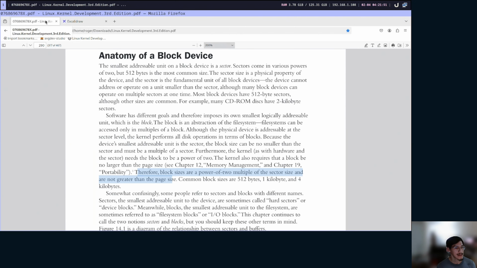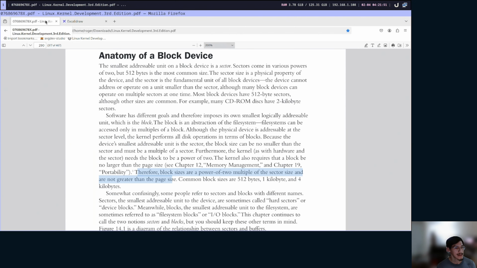Somewhat confusingly, some people refer to sectors and blocks with different names. Sectors, the smallest addressable unit to the device, are sometimes called hard sectors or device blocks. Meanwhile, blocks, the smallest addressable unit to the file system, are sometimes referred to as file system blocks or I/O blocks. This chapter continues to call the two notions sectors and blocks, but you should keep these other terms in mind.